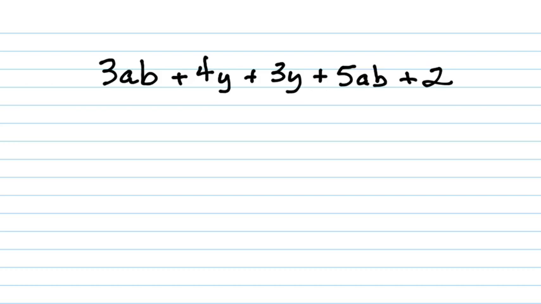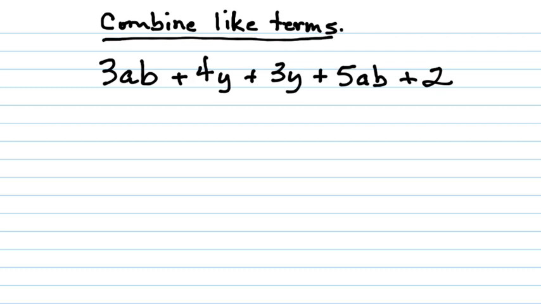No equal symbol. So I can't solve it, but I can simplify it. And to simplify it, that means I need to do what to them? Come on, you. Combine. What are they called? Like terms. There you go. Combine like terms.